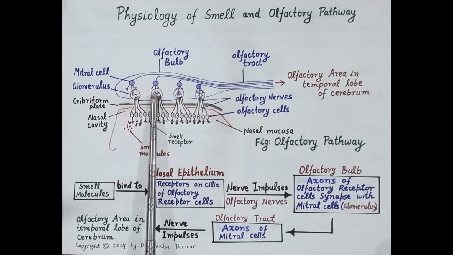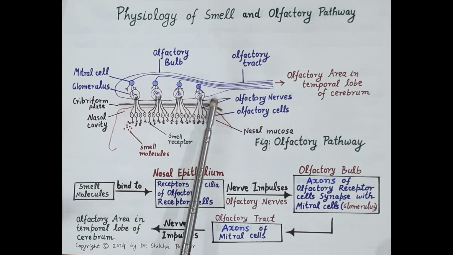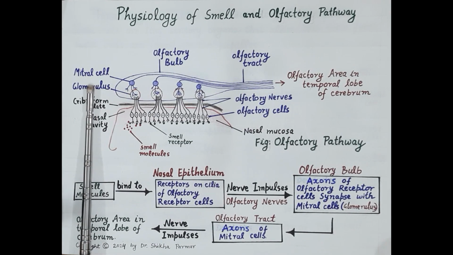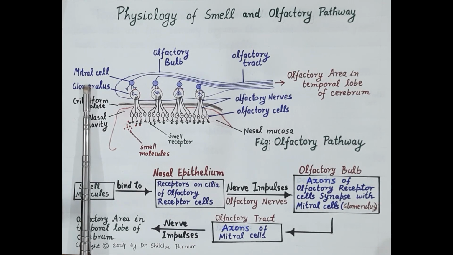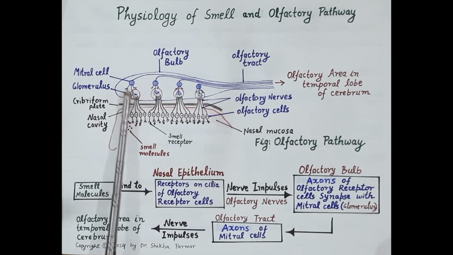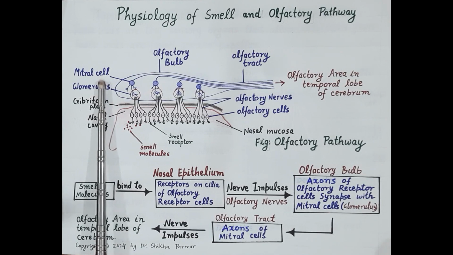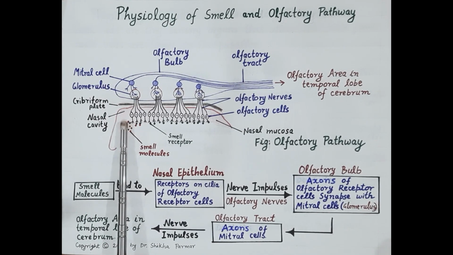Now as you can see here, this olfactory bulb possesses cells known as the mitral cells. Now each mitral cell possesses dendrites as well as an axon. So these are the dendrites of the mitral cell, and this is the axon of the mitral cell. Now look at the nasal epithelium.